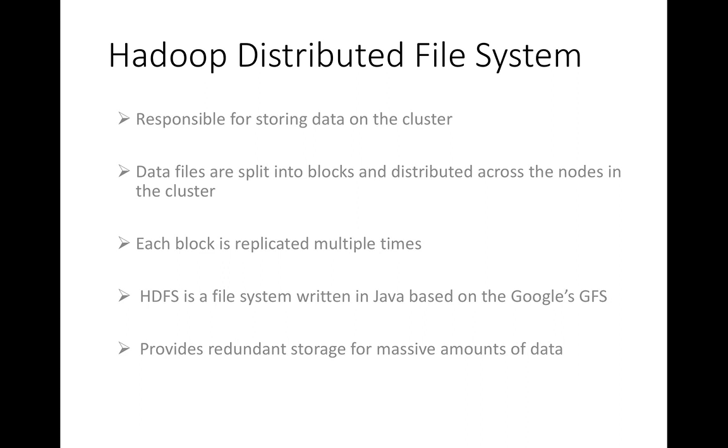For example, you have a big file. It can be split into blocks of some fixed MB. This machine stores 3 blocks, another machine 5 blocks, another machine 1 block.